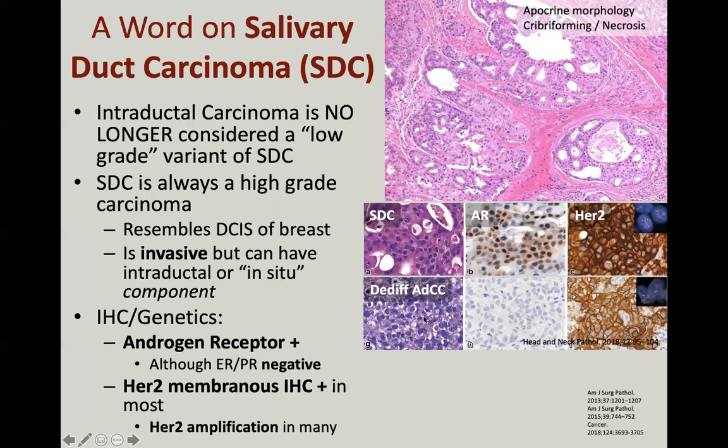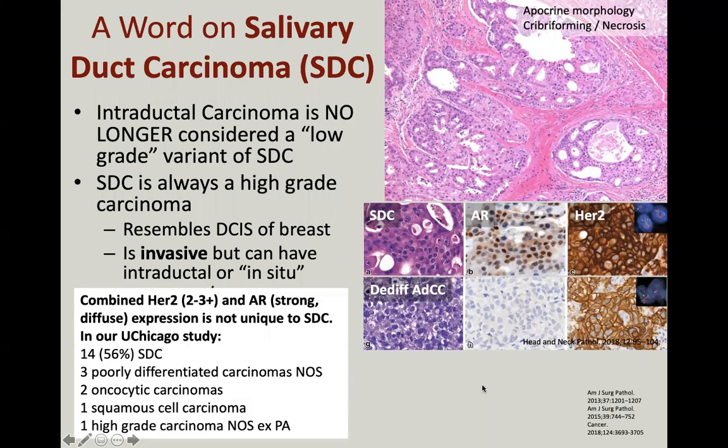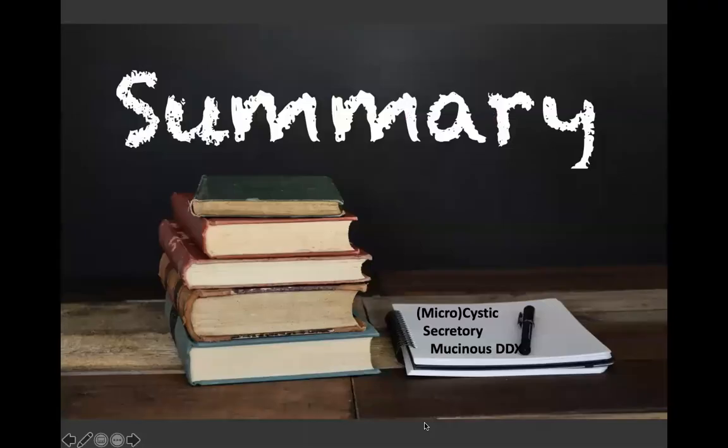It doesn't necessarily make them a salivary duct, right? So you have to take into account the morphology and the co-expression of both AR and HER2. Okay, as I said, only on occasion, other non-salivary duct carcinomas can also have co-expression of androgen and HER2. Okay, we're going to skip that for now.